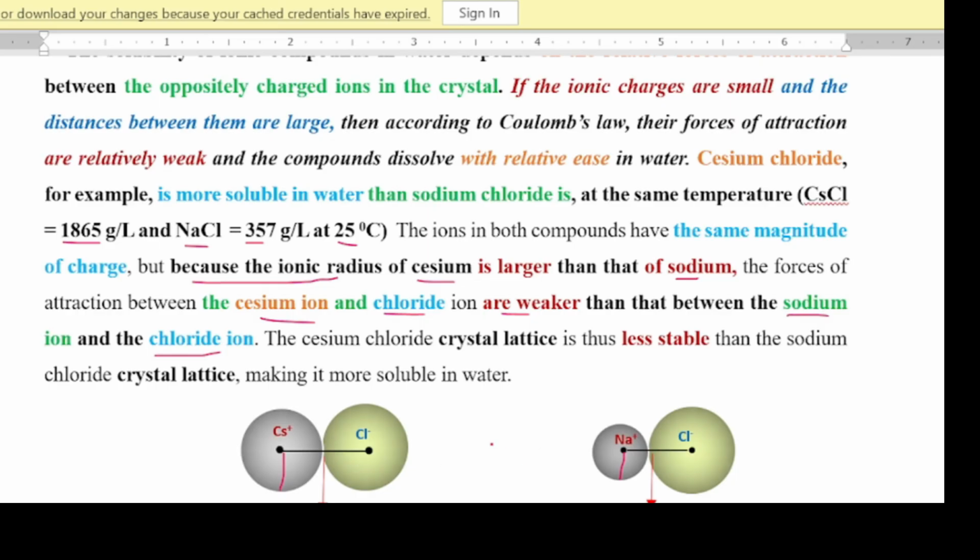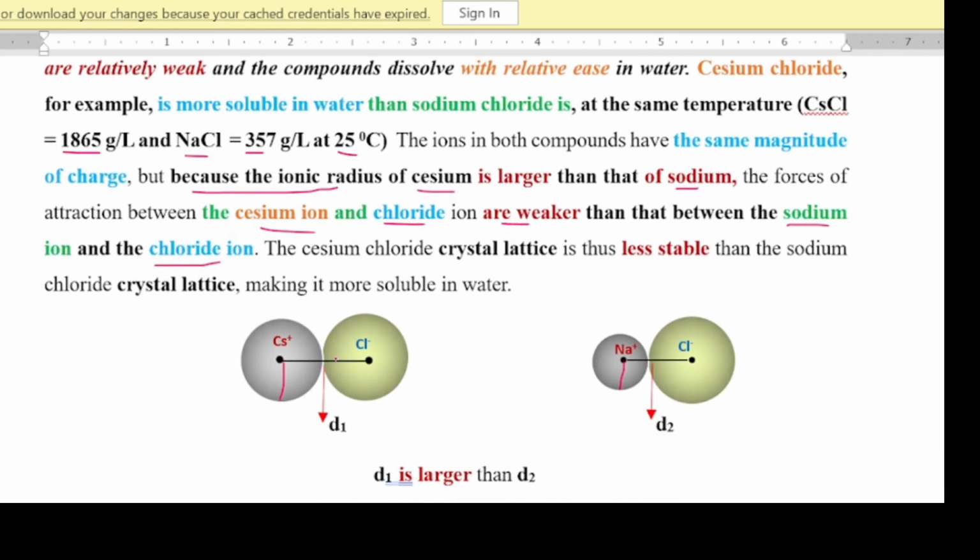Why? So we are saying in this case here, look, this distance here, d1, is greater than this. Or we can say this distance here is smaller than that. That's why, if you go back to Coulomb's law, the force of attraction here is greater than inside.